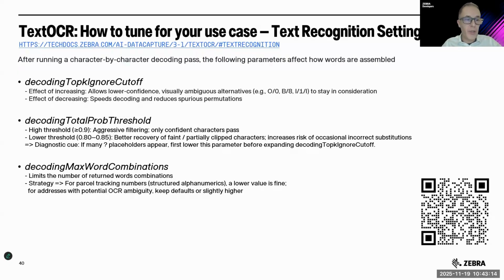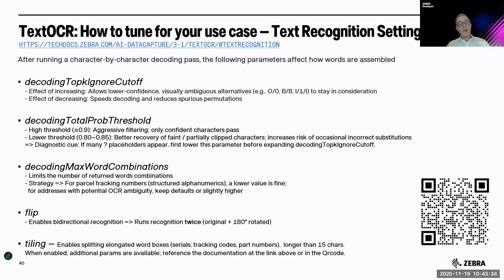Another parameter is this one, the decoding max word combinations, that limits the number of words returned. So if you increment this, you get more words. Otherwise, you need to keep it down if you want to have just one choice. There are also a couple of other parameters.